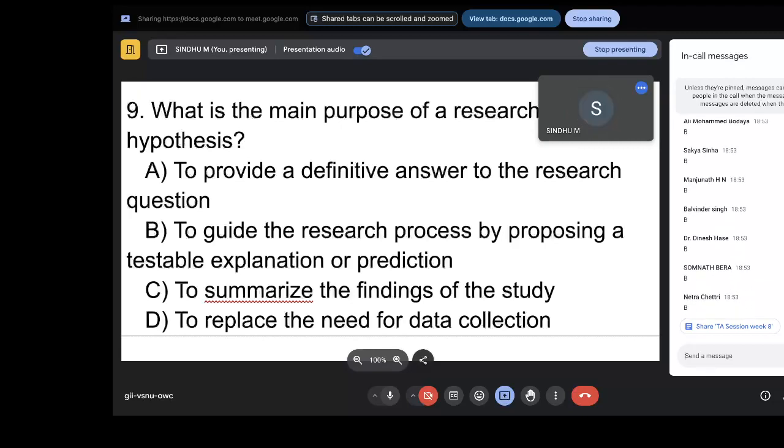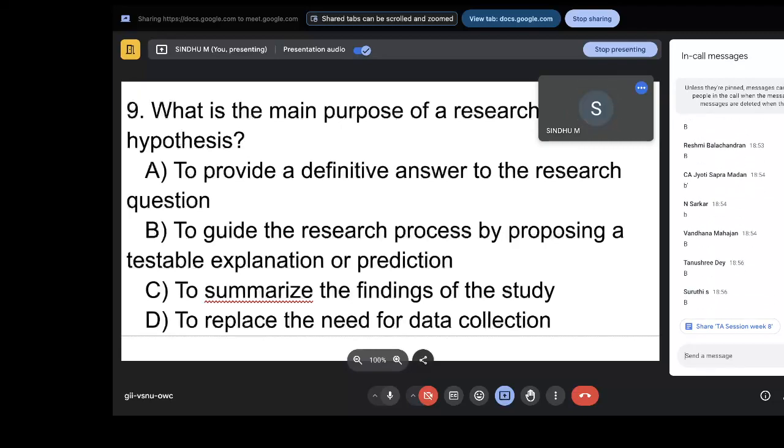Dhanalakshmi? Yes, Valli. You have raised the hand. Yes, ma'am, Manjunath. Yes, you can go ahead.